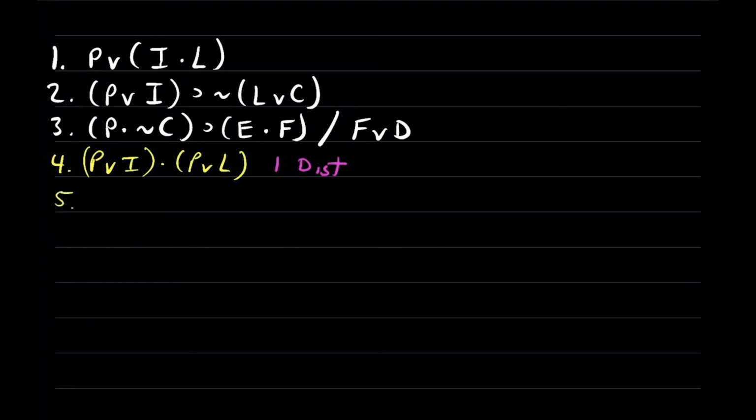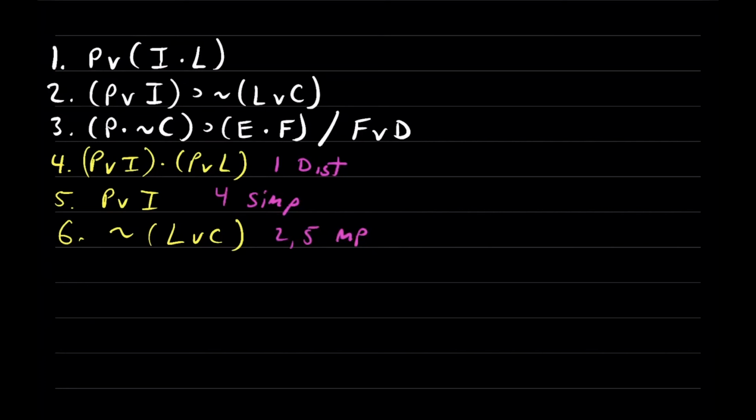So if we simplify line 4 to get P or I on its own line, this follows from line 4 by simplification. That gives us the antecedent for this conditional here in line 2. So we can do modus ponens now. That will give us the negation of L or C. That would follow from line 2 and line 5 by modus ponens.